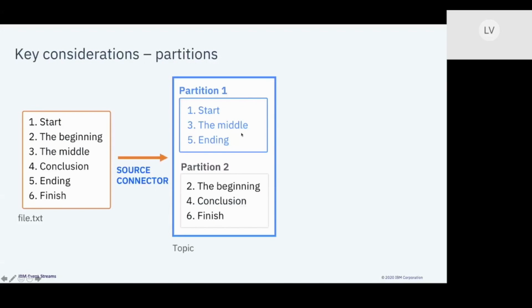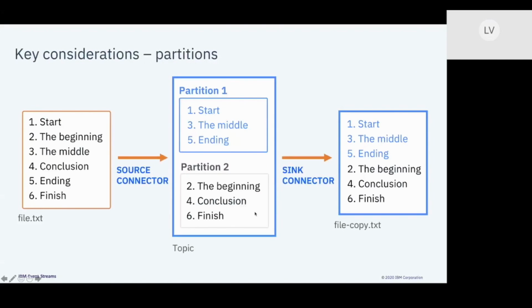Like you can see, start, the middle, and ending, the beginning, conclusion, finish. And if you send this information to any destination, you could have this kind of result. And if you want to have a strict copy of the file from the beginning ingested by the consumer, take care of this. You need to make some effort to correctly manage the different lines in this case, and the synchronization.